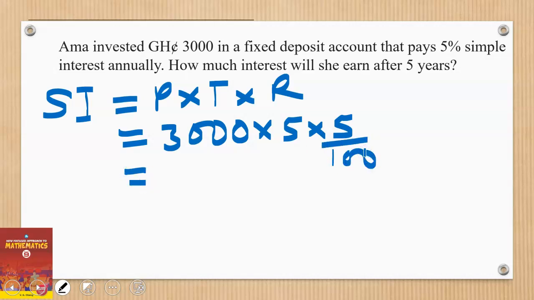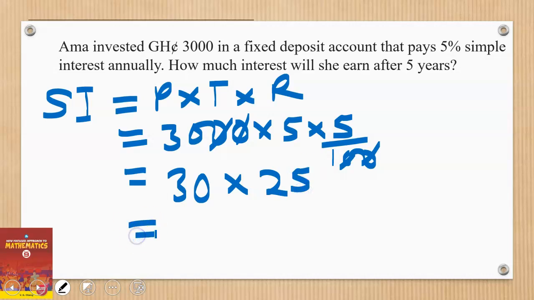If you cancel these 2 zeros, we have 30 times 5. Now we can multiply these two numbers. At least we can do 3 times 5, which will be 15. Then we attach 0 to say 750 Ghana cedis. Now it means that Amma will receive 750 Ghana cedis as simple interest.